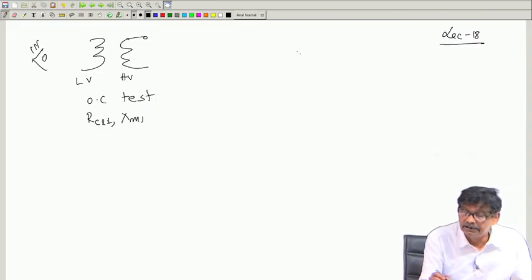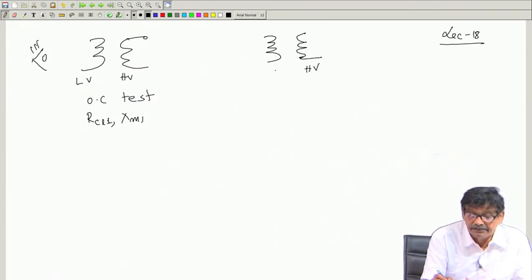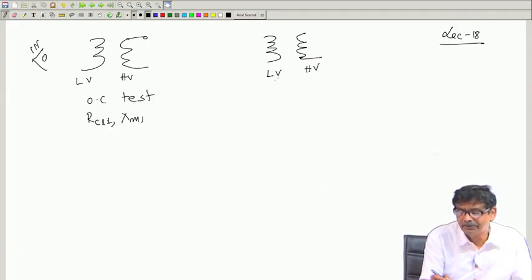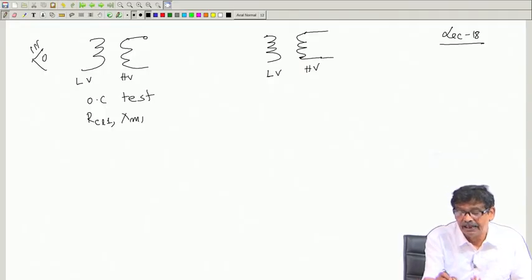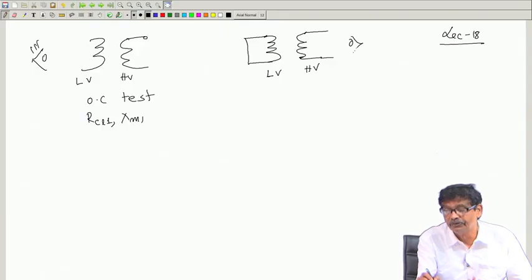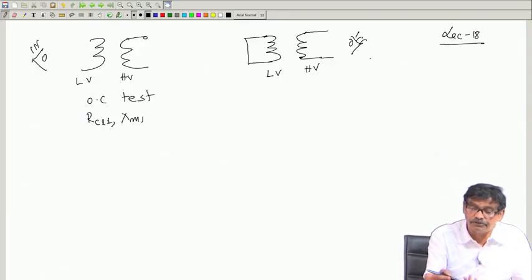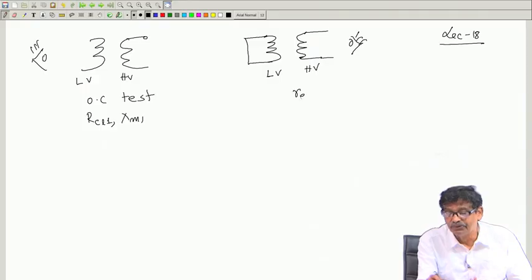And while doing the short circuit test, which, for reasons not yet told, you carry out from the HV side, and during the short circuit test you keep it shorted. So you are looking at the equivalent circuit referred to this side, then you will be getting RE2 and XE2.